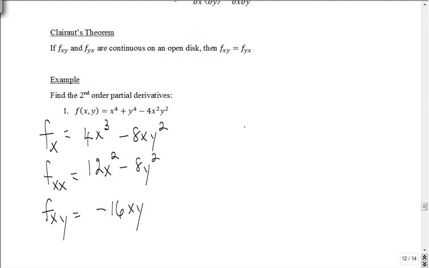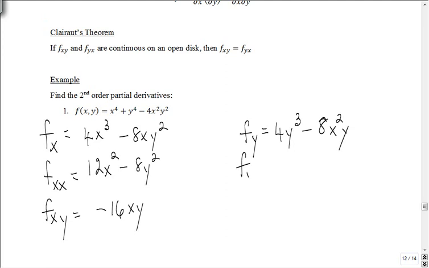Now let's find the first partial with respect to y now. Can somebody give that to me? Very good.